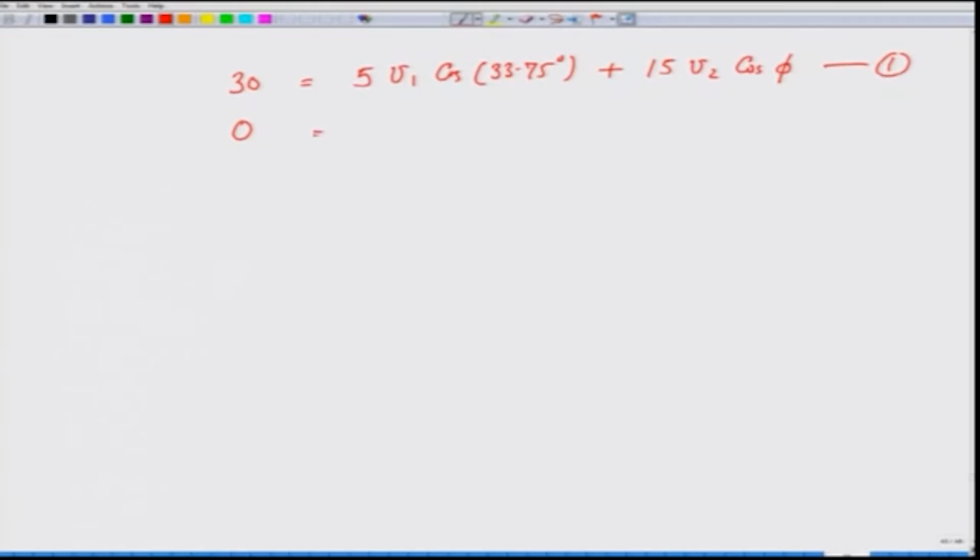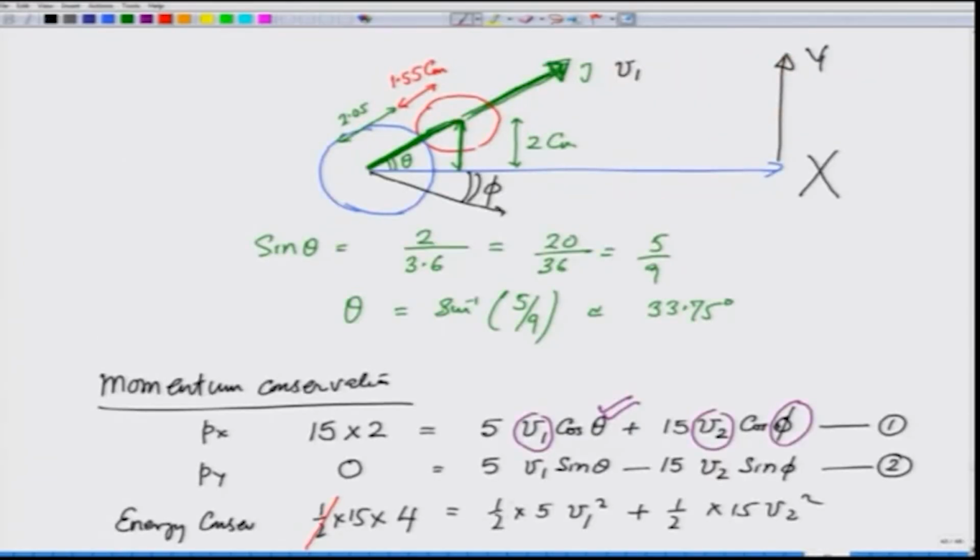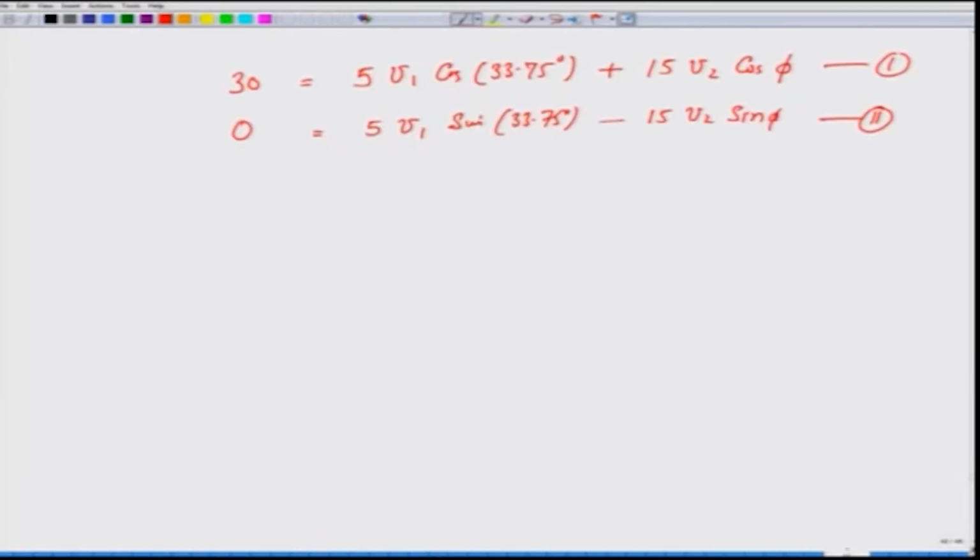I have 0 equals 5 v1 sine of 33.75 degrees, sine we have already calculated is 5/9, minus 15 v2 sine of phi. That is my equation number 2, and I have half cancels, this half cancels out here. So, I can write 60 equals 5 v1 square plus 15 v2 square. That is my equation number 3.